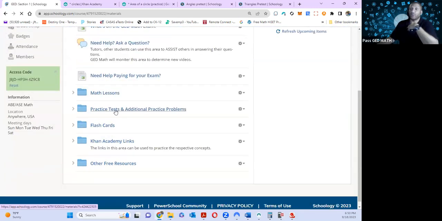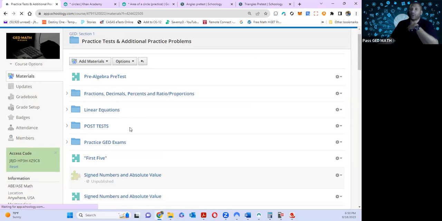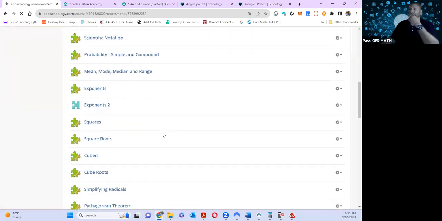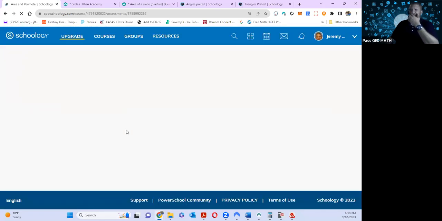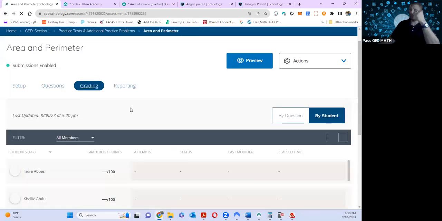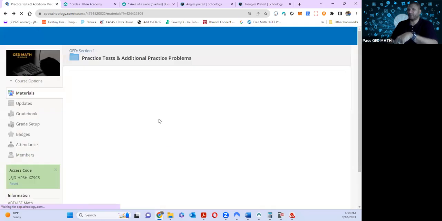I created questions that mimic the GED type questions. I picked area, and I specifically have circles.